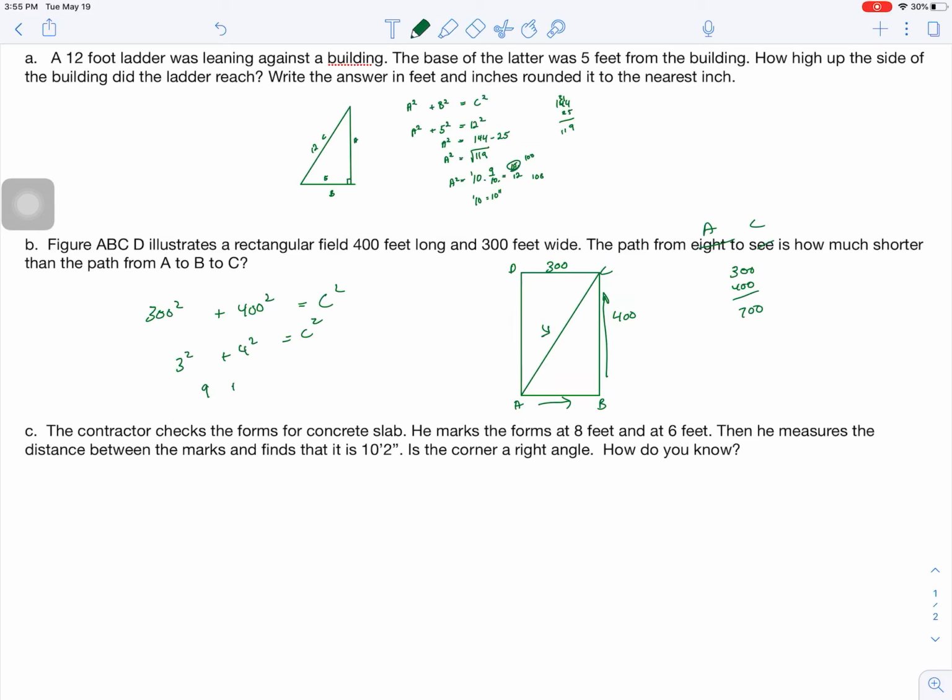So you get 9 plus 16 equals 25. And then we have to do the square root of 25, which is 5. How many zeros did we have? We had 2. So we know that this distance was 500. So that's how much shorter it is. So we go 700, subtract 500, is 200 feet shorter. You can see the math helps us out there.